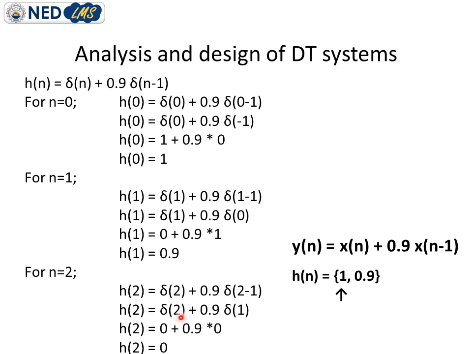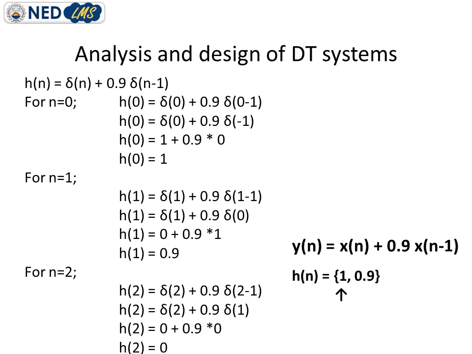So we have to solve this numerical by using our theoretical understanding as well, and we have to intuitively analyze the situation by looking at the difference equation to choose the value of n. We have to choose the value of n, or we can say the range of n very smartly, because we know that the impulse function exists only at n is equal to 0. So we know that at n is equal to 0 we will get some answer or some magnitude, and because this function remains 0 for other values of n, we will return with no answer.